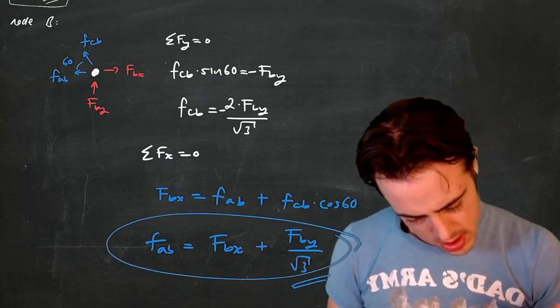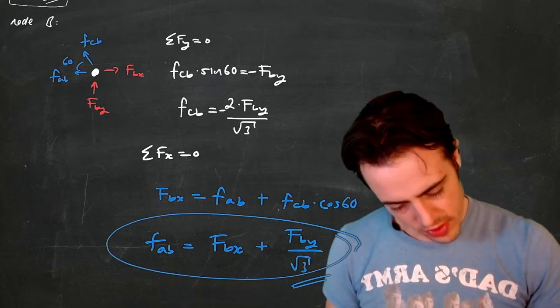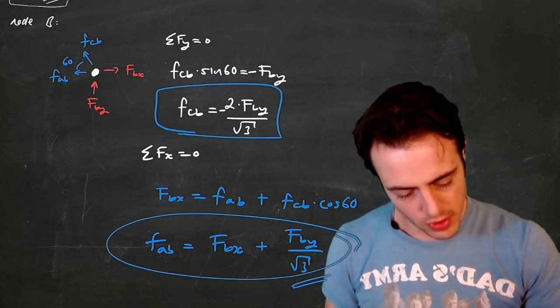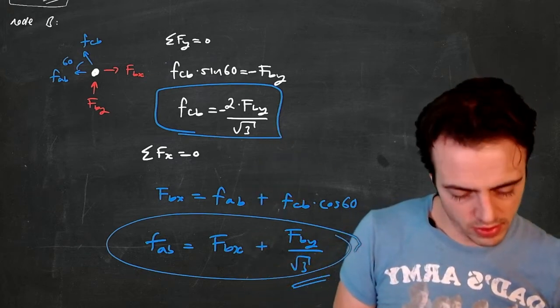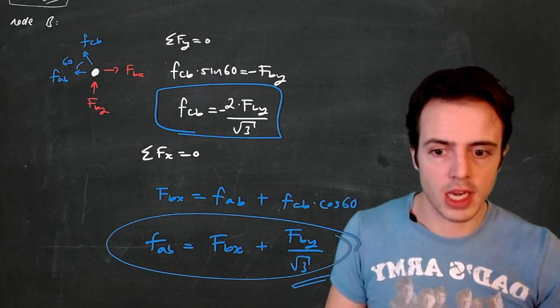Okay, so we've got that one. Yeah, we've got all of the forces now, so we've got this one here and this one here. So this one hasn't changed, this one changes, okay? So we've got 2 things that have changed in our code.